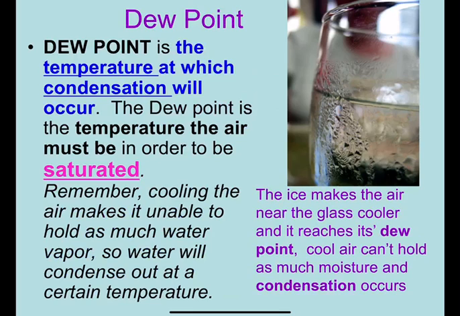This occurs all the time whenever you have a cold glass of water or lemonade. The ice makes the air near the glass cooler, and it reaches its dew point. Cool air can't hold as much moisture, and condensation occurs. No, the water is not seeping out from your glass and suddenly forming on the outside of it. This is water that is from the air.